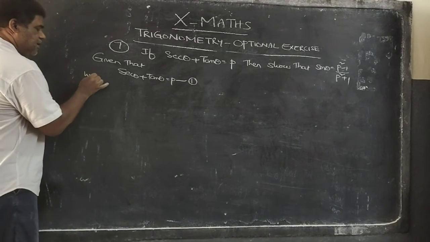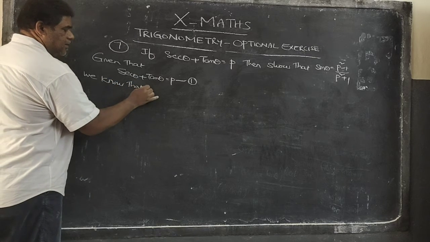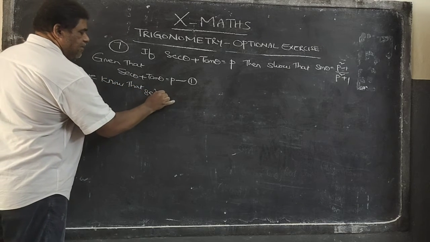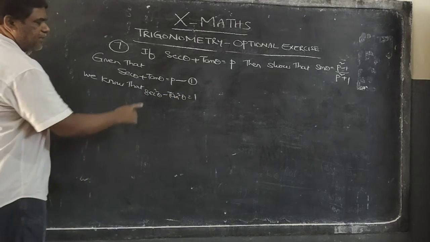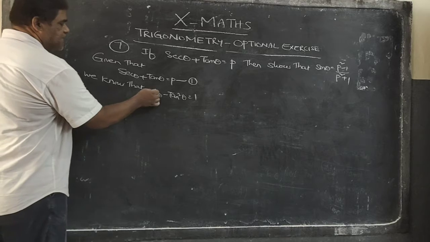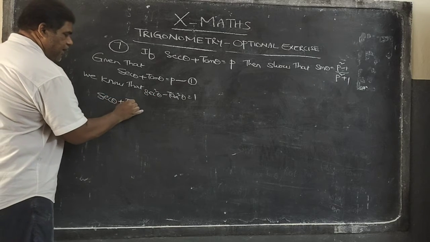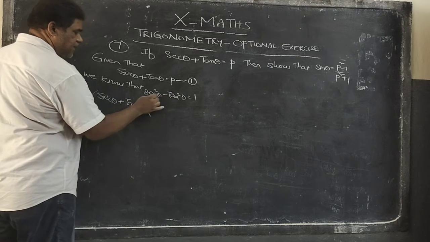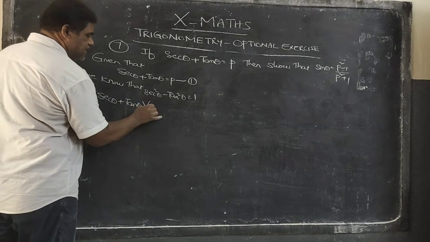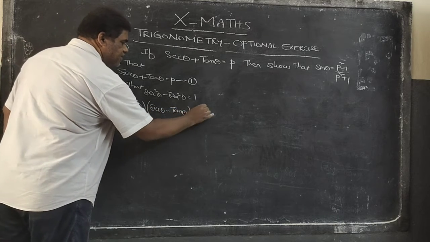We know that secant² θ minus tan² θ is 1. This condition we know, this is called a trigonometric identity. Now a² minus b² can be written as (a + b)(a − b). So secant² θ minus tan² θ can be written as (secant θ plus tan θ)(secant θ minus tan θ).